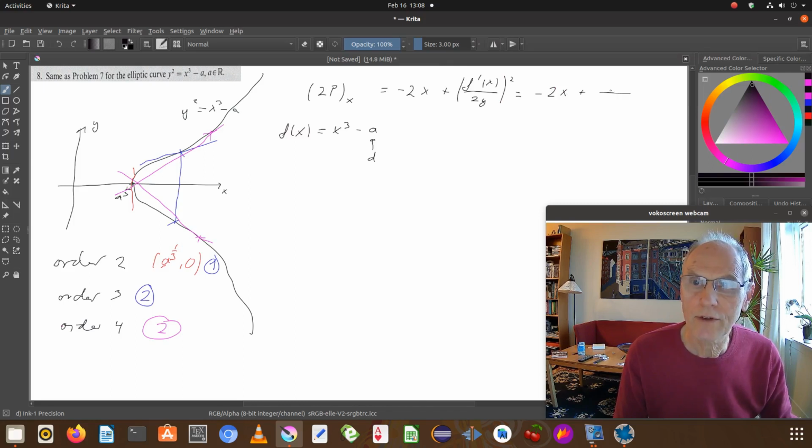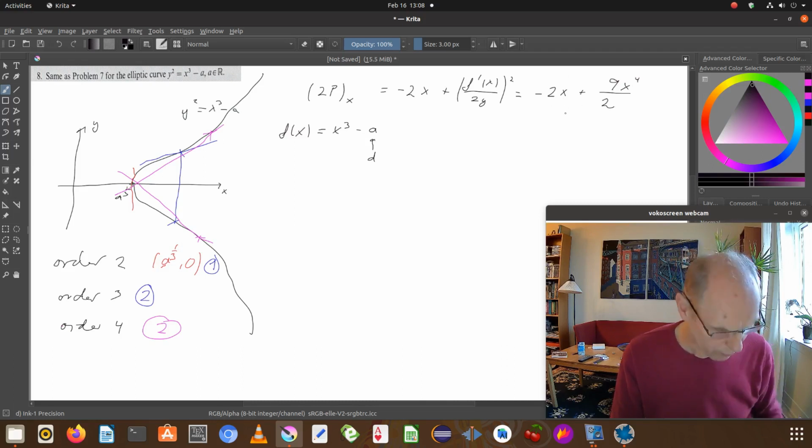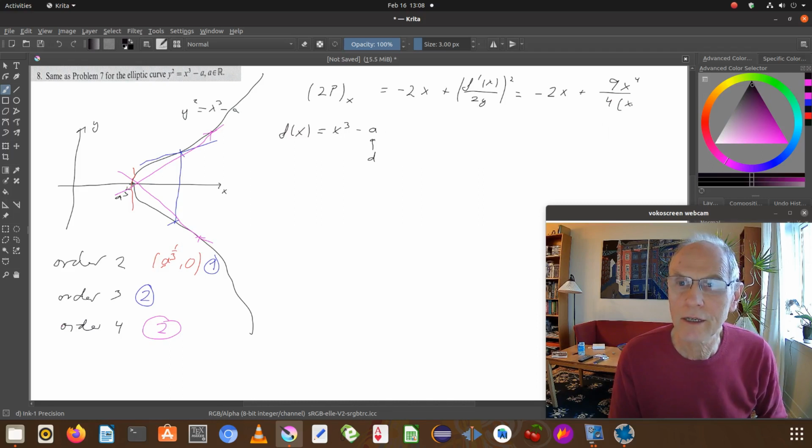Now the derivative squared, that's 3x to the second. So that's 9x to the fourth divided by 4. Y squared, that's x to the third minus a. So we put them on a common denominator.